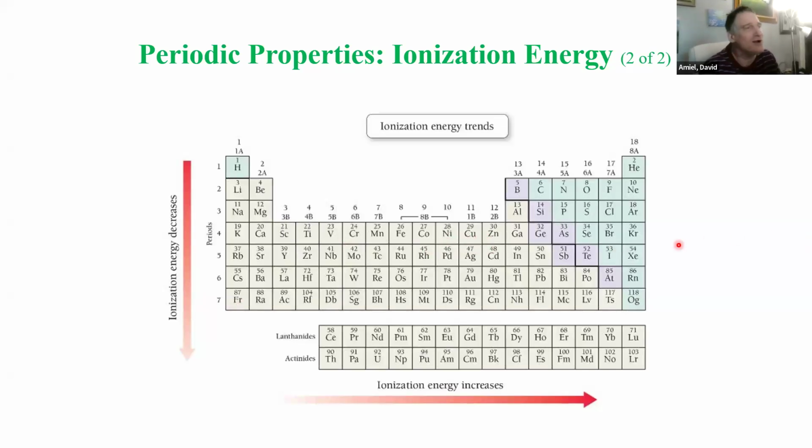As you add in more electrons, they become more tightly bound with the nucleus. That means it takes more energy to remove them, and that is the trend. I'm more concerned with the whats rather than the whys. So the trend is ionization energy decreases going down a group and increases going across a period.